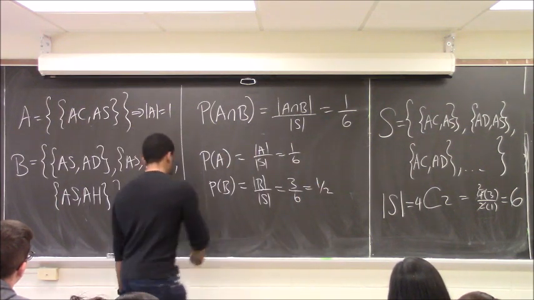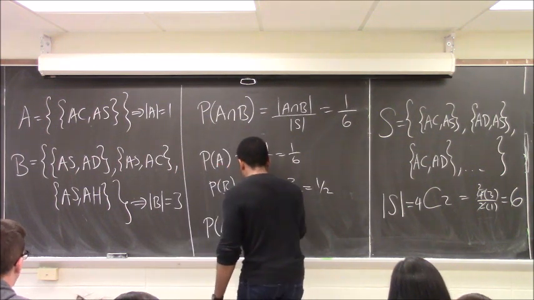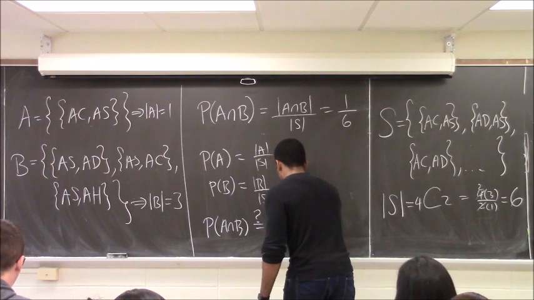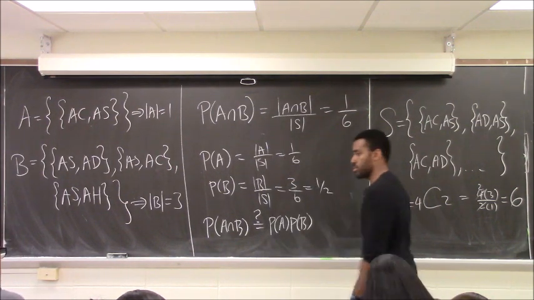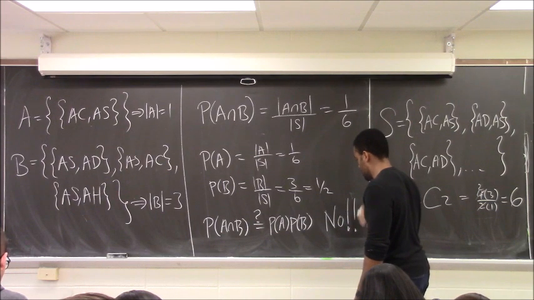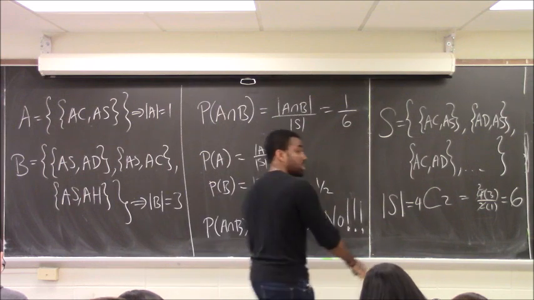Now, the question is, is the probability of A intersect B equal to the probability of A times the probability of B? No. What does that mean? It means they are not independent.